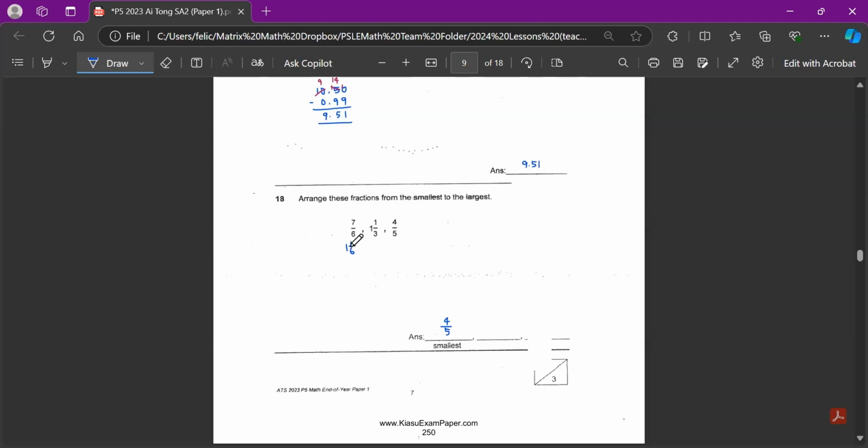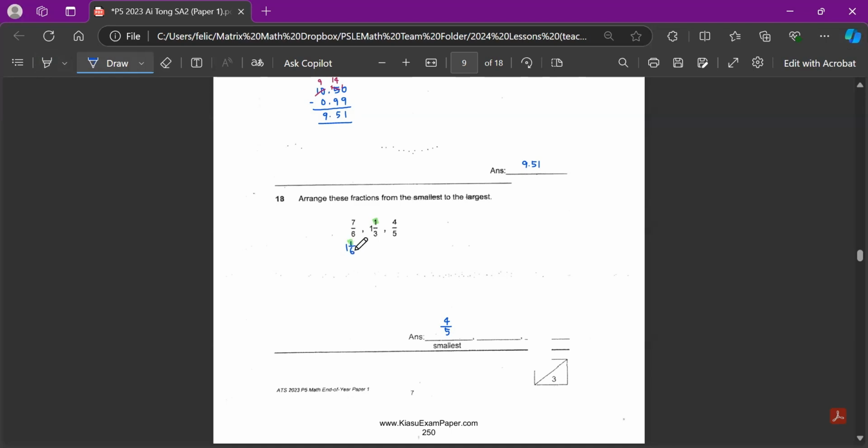Okay. Then the next thing is you compare 1 and 1/6 and 1 and 1/3. The 1 whole, don't need to compare. Just compare 1 over 6 and 1 over 3. Which one is smaller? Okay, so 1 over 6 would be the smaller one. Remember if both numerators are the same, you see why I highlight in green? 1 and 1 numerator.